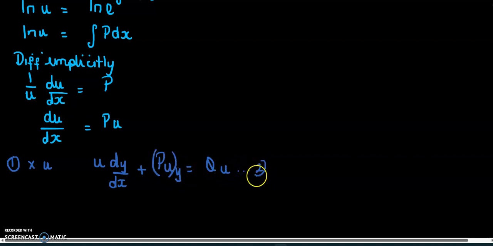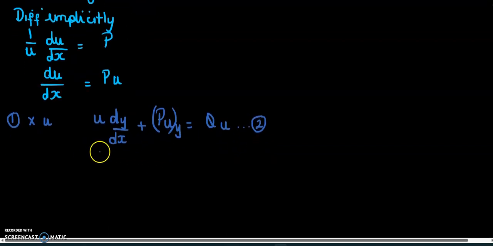So this is equation 2. But pu is equal to du/dx. So u dy/dx, by making a substitution now, becomes u dy/dx plus y du/dx is equal to qu.